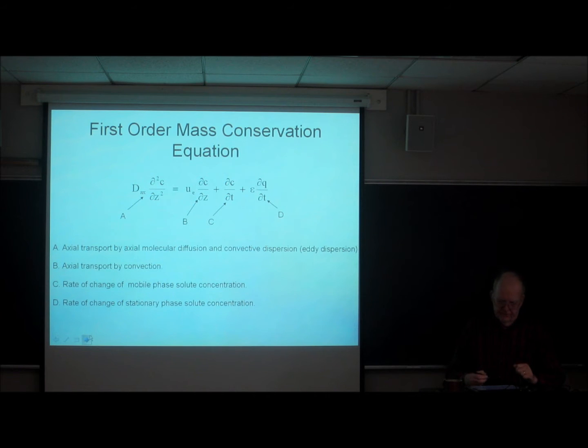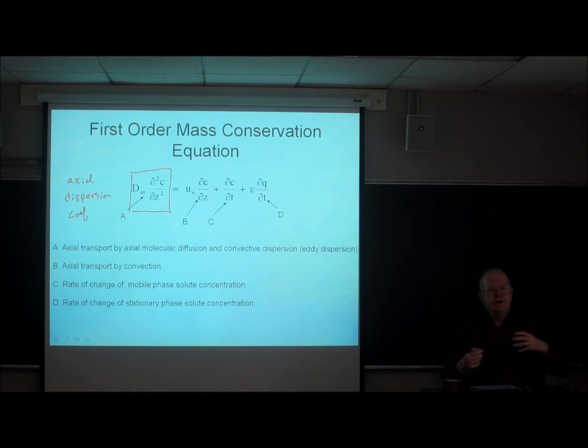Here's where I got to on Friday. You just saw the equation. So let's go through it term by term. The term on the left is the product of the axial dispersion coefficient D_Ax, and the second distance derivative of the concentration.